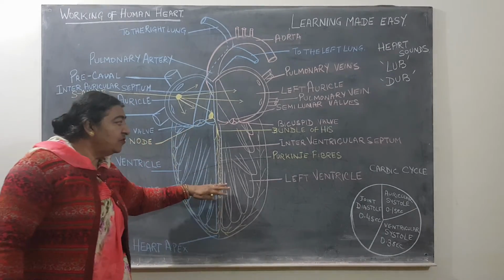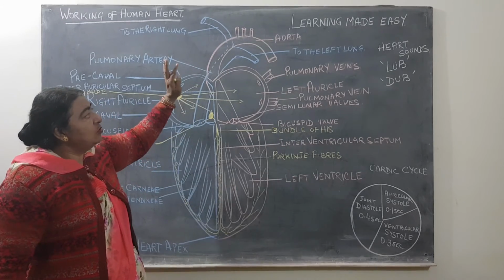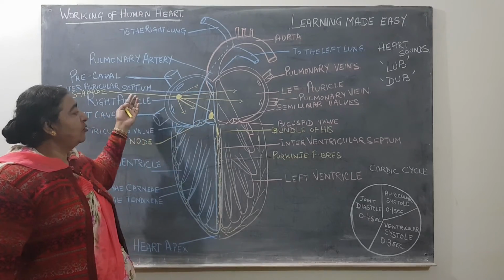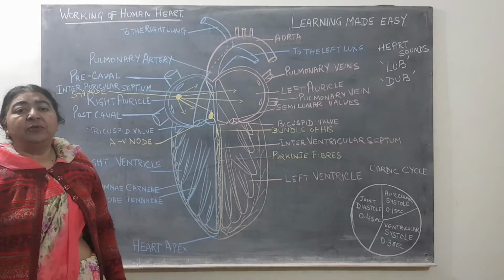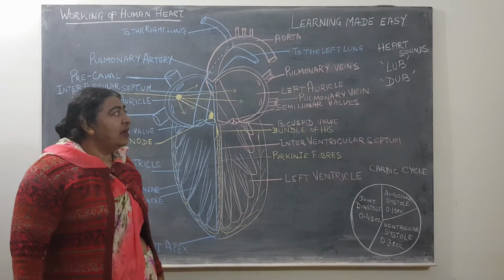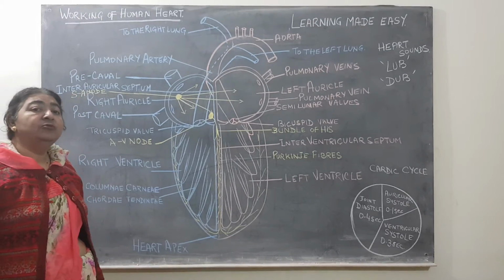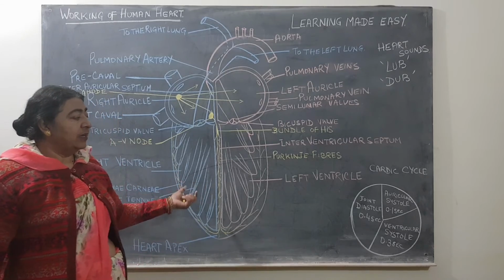After the contraction of the ventricles, the blood is sent to the big vessels, that is the aorta and the pulmonary artery. As soon as the semilunar valves close, they produce the second sound of the heart, which is called dub. So the heart sounds are lub and dub, which are used by the doctors to tell how your heart is working.